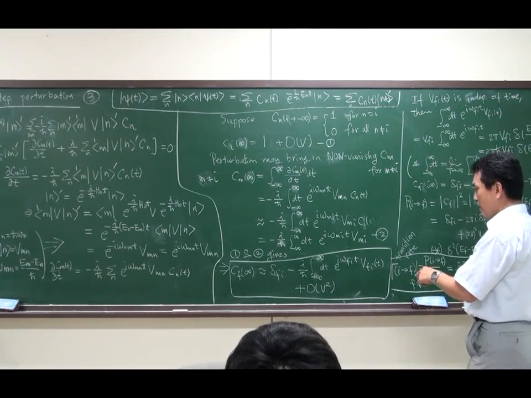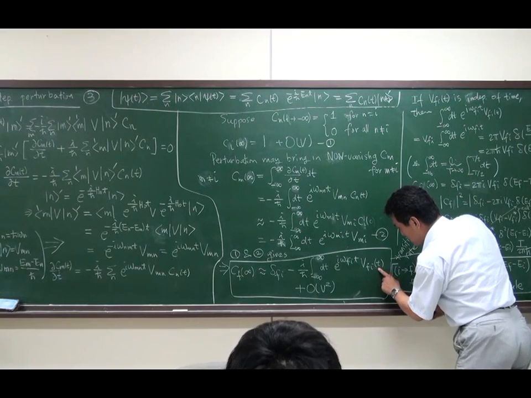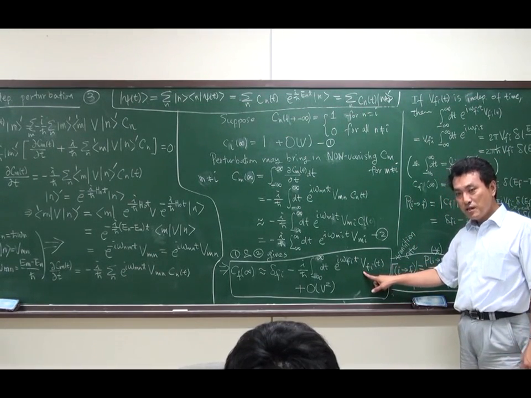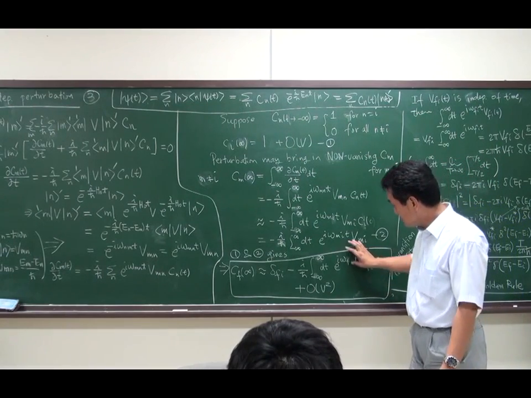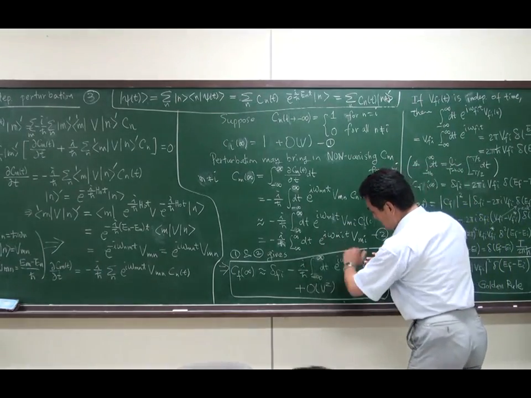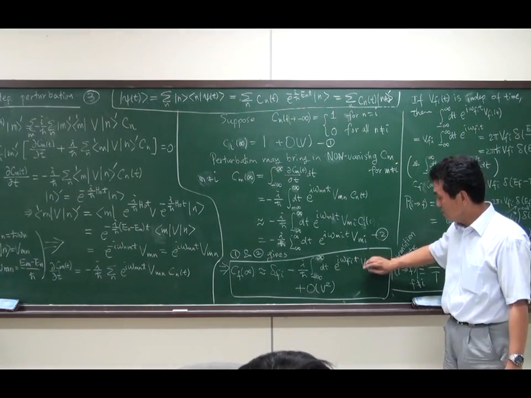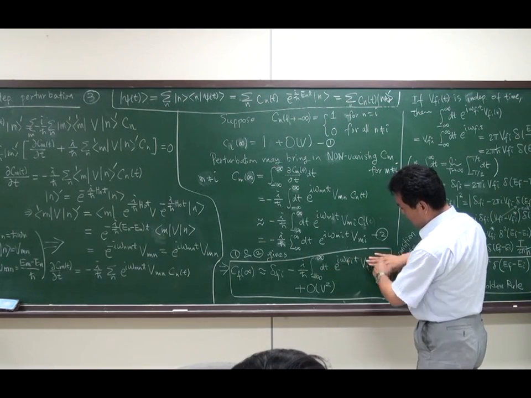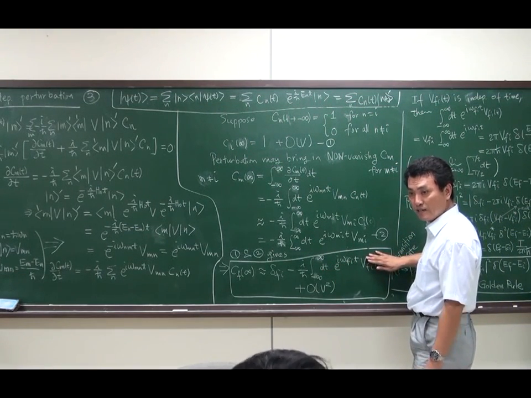Let us find the case if there is no time dependence. I mean, this V_fi is just a constant. In that case, it is factored out of the integral. And this integral looks like a delta function. And this time integral gives you 2 pi delta of omega_fi. Right?